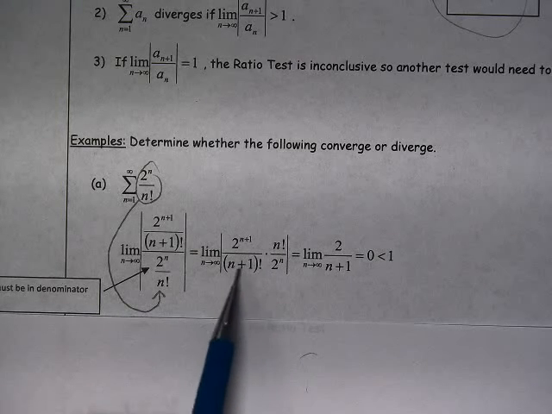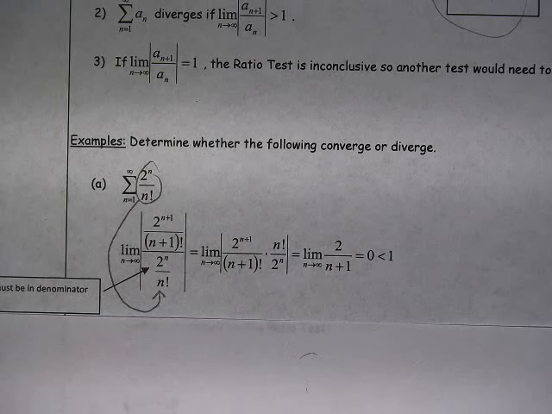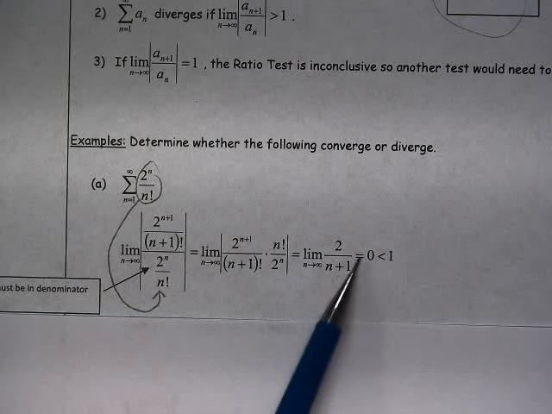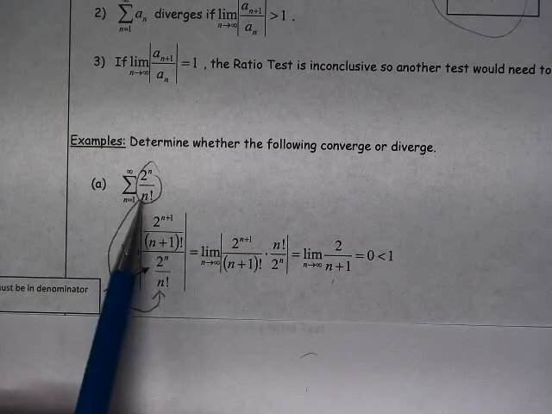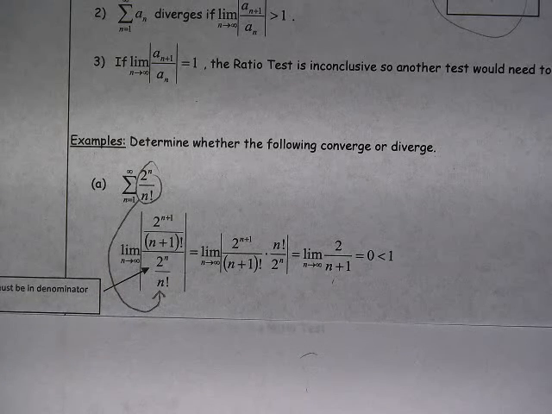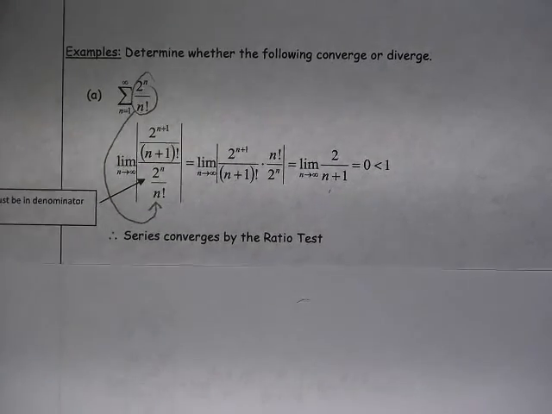So everything other than the n plus 1 cancels out, and we're just left with a real easy limit, and that limit obviously equals 0 as n approaches infinity. So 0 is less than 1, therefore this series is going to converge. And of course we have to justify it. We have to say it converges by the ratio test.